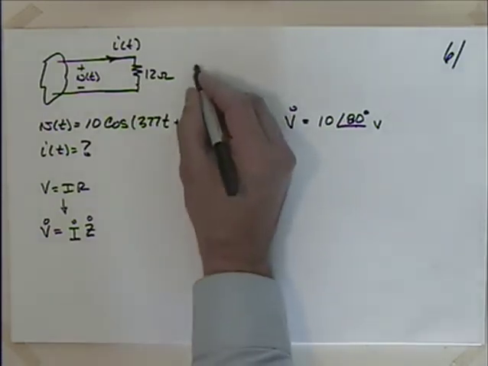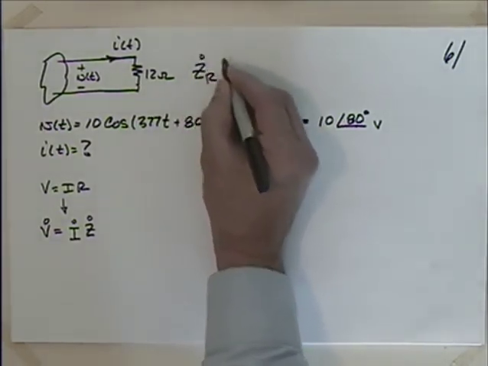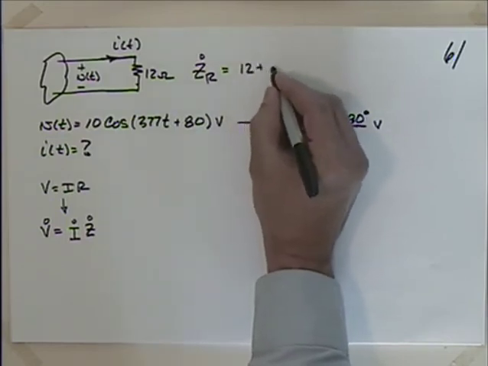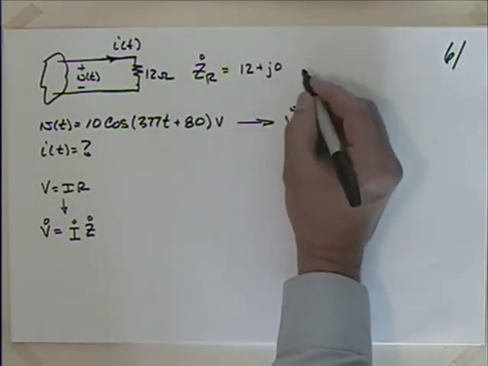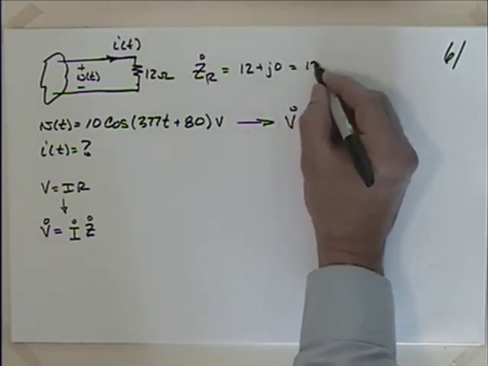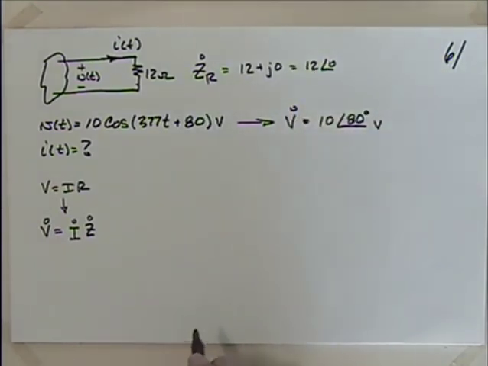That's simply 12 plus j0. It's a real number. Or you could say that this was 12 at an angle of 0, couldn't you?